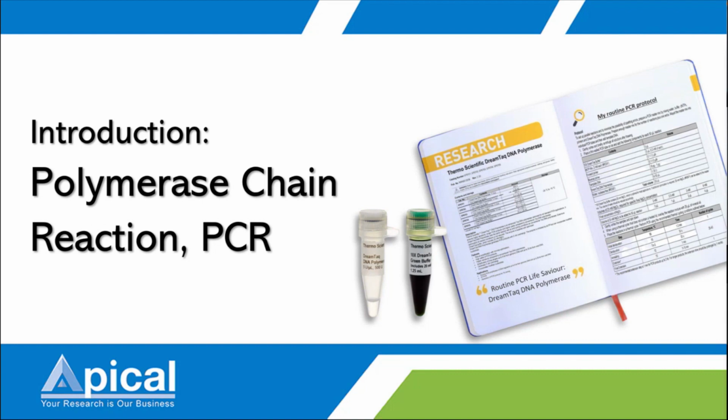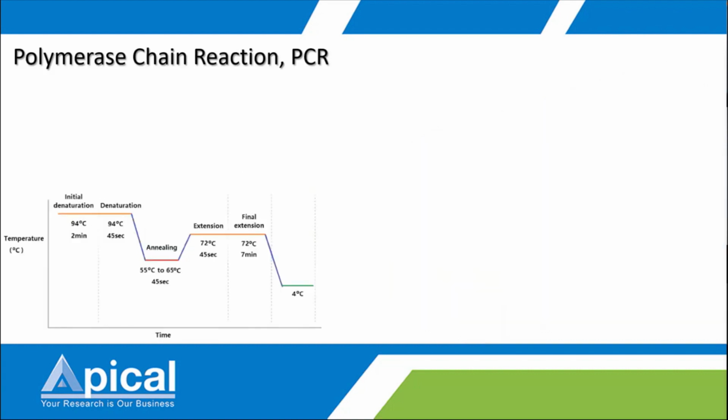Okay, so we start with the short introduction. What is PCR? I believe most of you know, but just a little bit on PCR. PCR is the polymerase chain reaction. We start the words with polymerase, right?